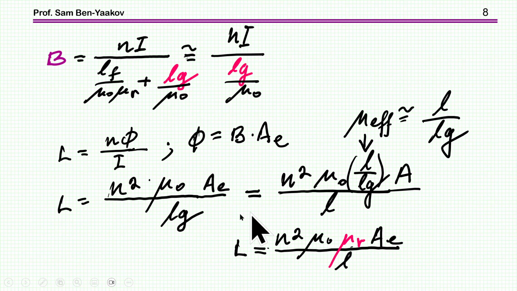So the gap, by changing B, is actually changing the effective permeability, if you calculate it this way, from mu sub r of the ferrite into this value. Now, if the ratio between the lengths, say the core is 100 millimeter and the gap is 1 millimeter, then the effective permeability will be 100. So one can now control the effective permeability by the length of the gap.